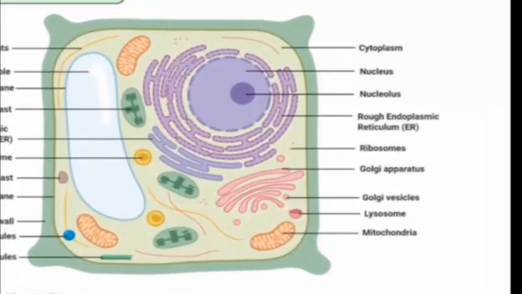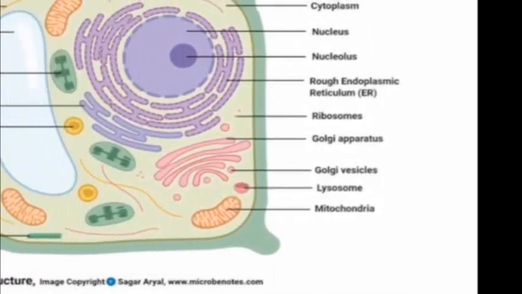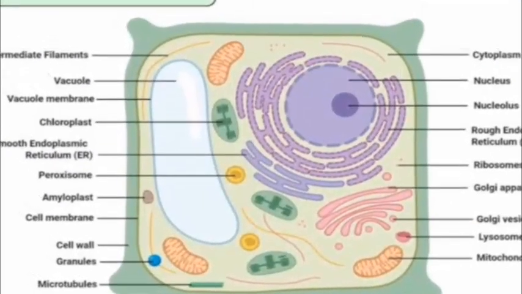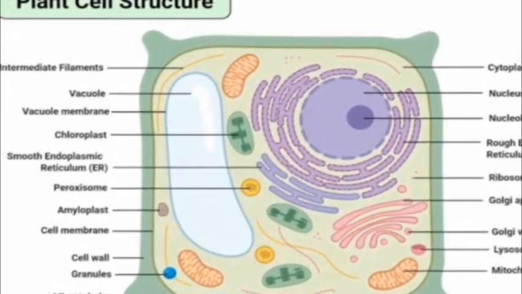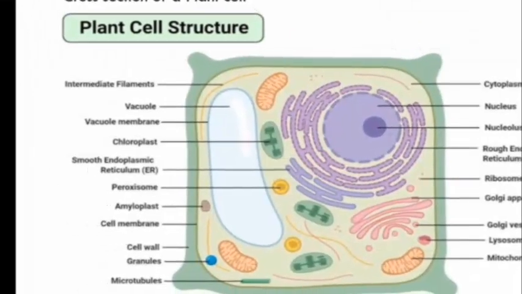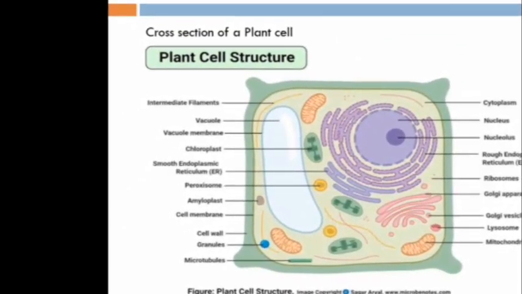This cell wall is the external structure, and all of those organelles surrounded by the cell membrane, we call it what? Internal structure. So apart from the cell wall and cell membrane, the remaining organelles are internal.